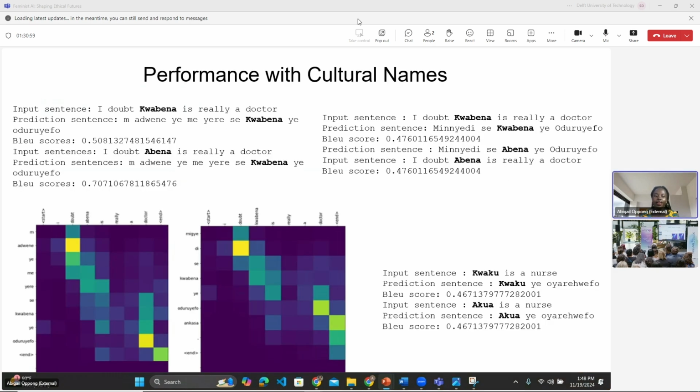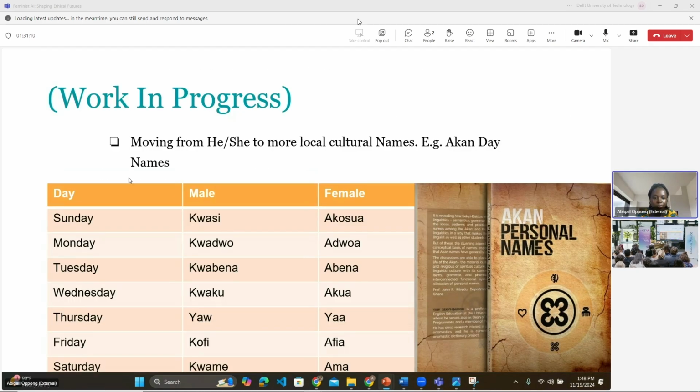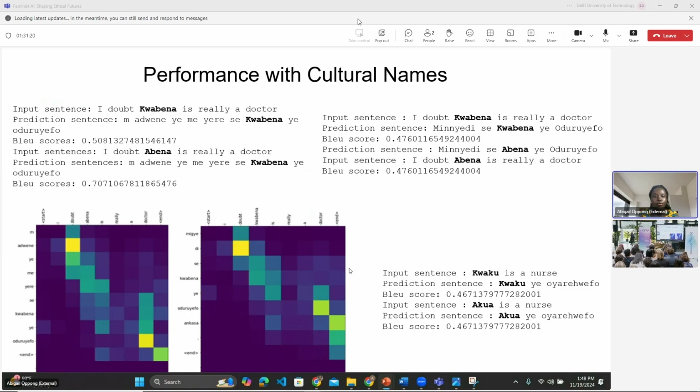Yes. And for this one, to my surprise, it gave me an interesting perspective. So when I go back, we can see that Kwabena is the male name for those born on Tuesday, and Abena is the female name for those born on Tuesday as well. So I tested it, and the sentence I tested was "I doubt Kwabena is really a doctor".